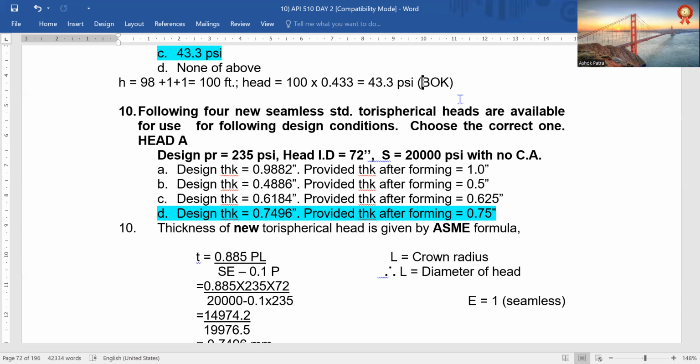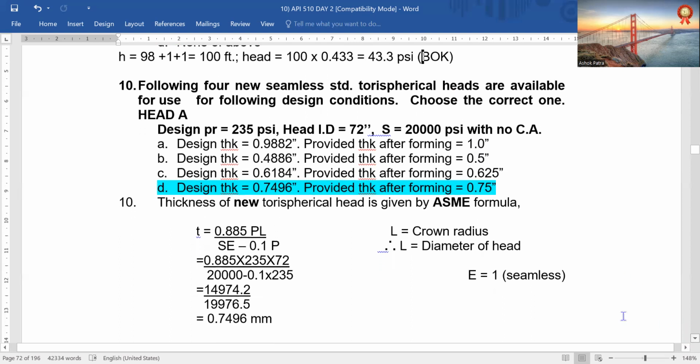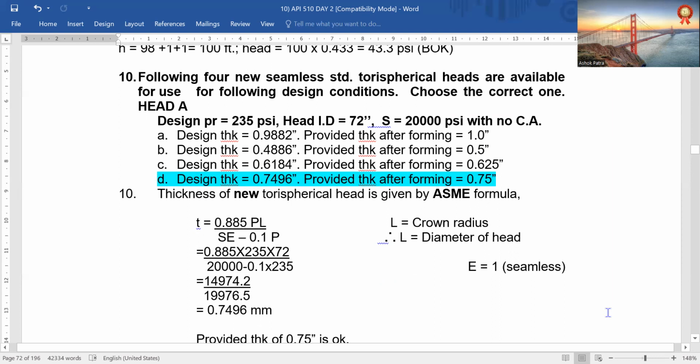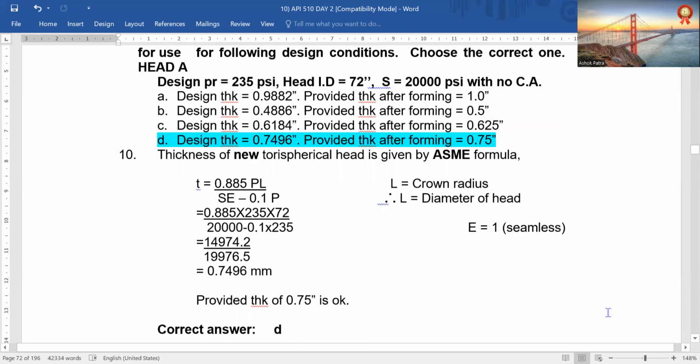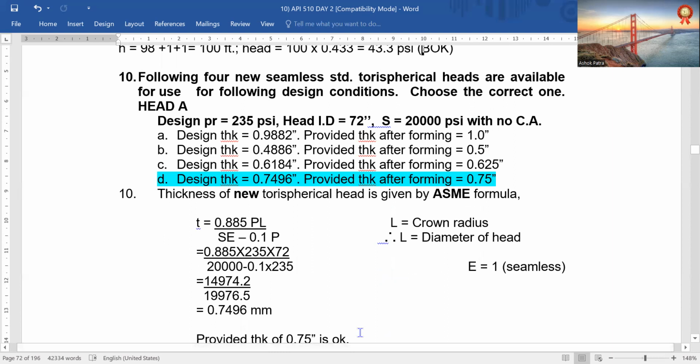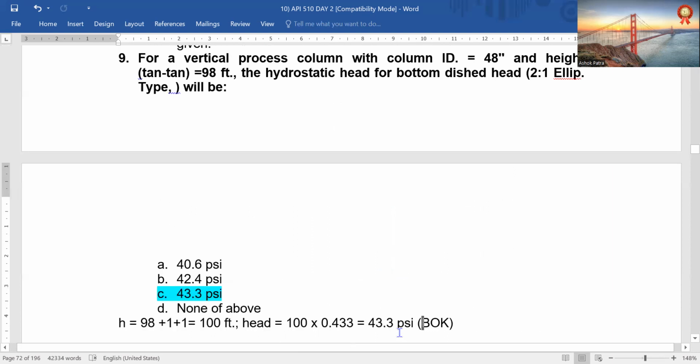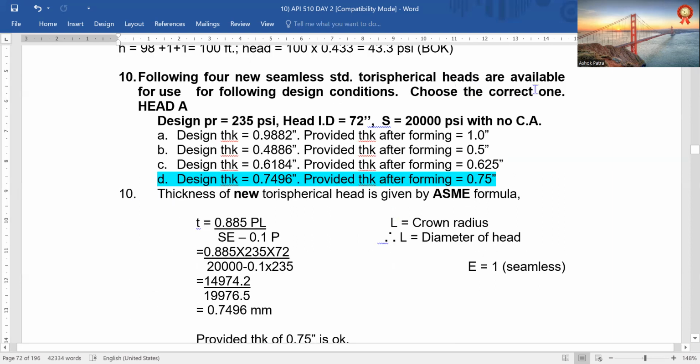That is quite a long process. Provided thickness 0.75 inch. Thickness.